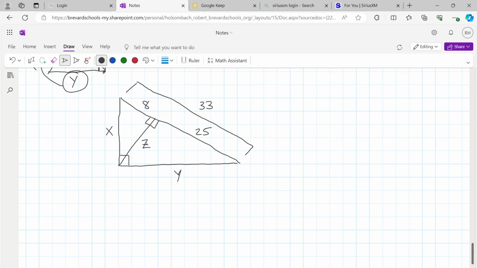So our z is equal to the square root of 8 times 25, which is the square root of 200, which is 14.1.